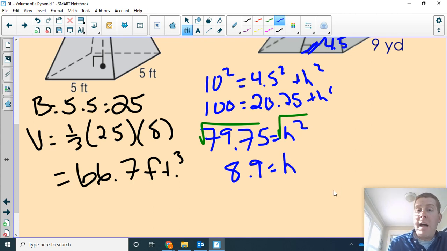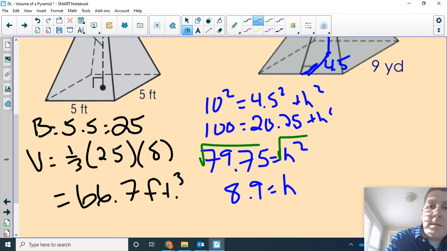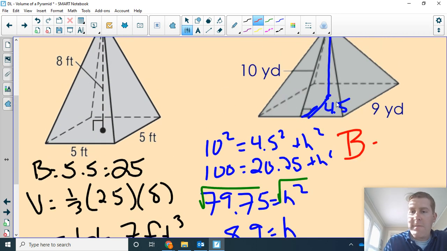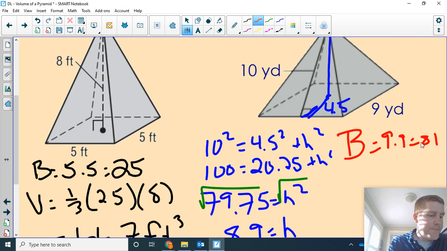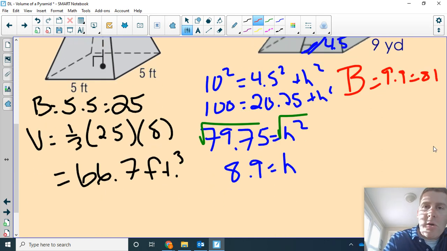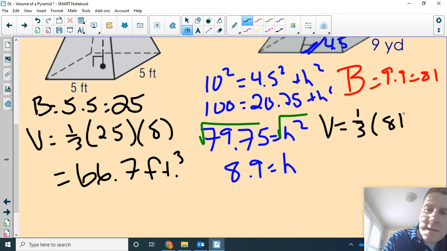So then for our volume, first of all, we need the area of the base. Since one side, according to this figure, is 9, it'd be 9 squared, or 9 times 9, which is 81. So then for volume, let's go ahead and plug this all together. Volume is going to equal 1/3 times the area of the base times the height of our pyramid.